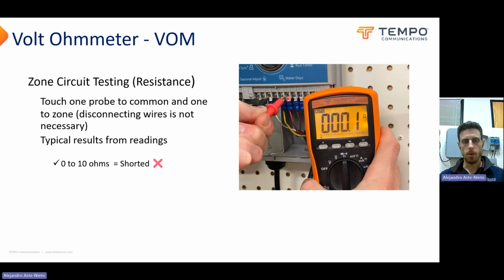But what a low amount of resistance is saying is that either you have wires touching out there in a way that they shouldn't be in terms of common and zone, or your solenoid is burned and failed in such a way that it is fusing a couple of things together that shouldn't be touching, and it's bypassing the coil inside of the solenoid. So that could be a wiring problem, or it could be a solenoid problem.